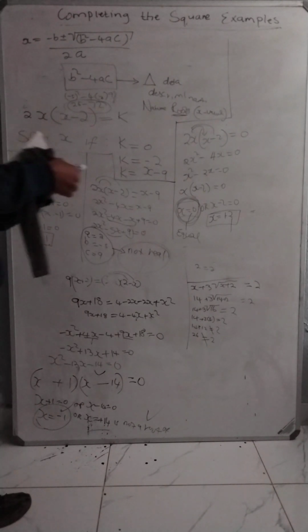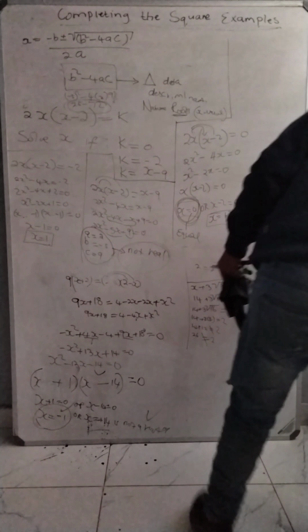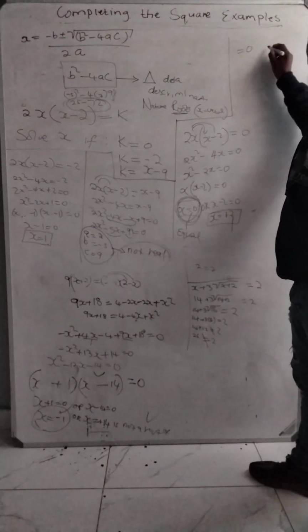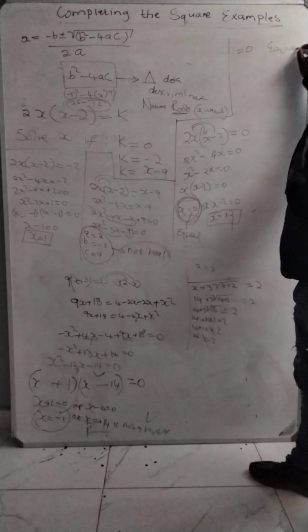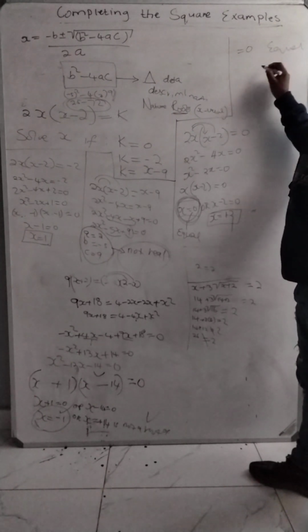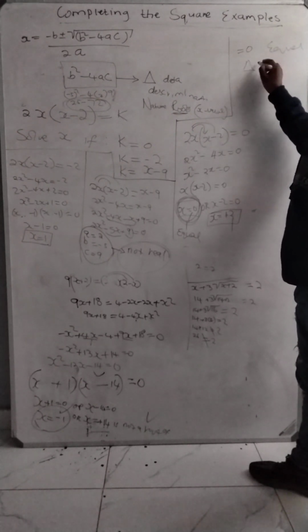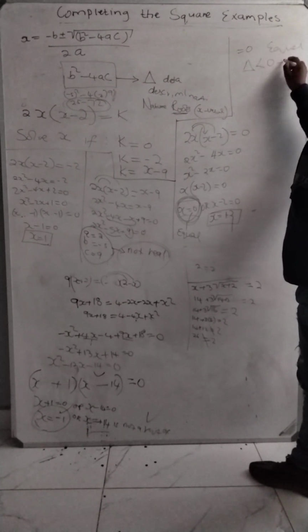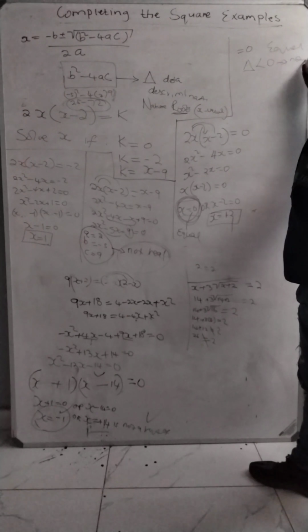So just remember, when your discriminant is equal to 0, then the roots are equal. When your discriminant is less than 0, then they are not real.